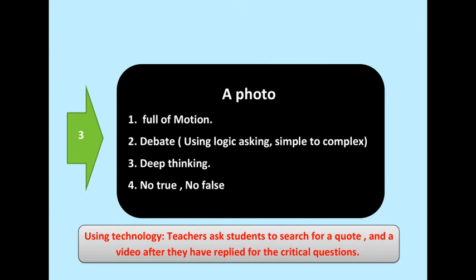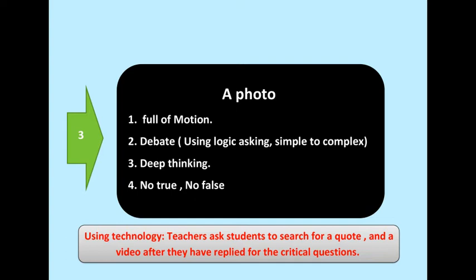Day 3, a photo. Show your students a photo full of emotion, animation, or real photos. Show them photos of people, places, and so on. Using logic, ask from simple to complex. Ask, what can you see? This is a simple question. Then, why did you choose this one to talk about? This is now a developed question.